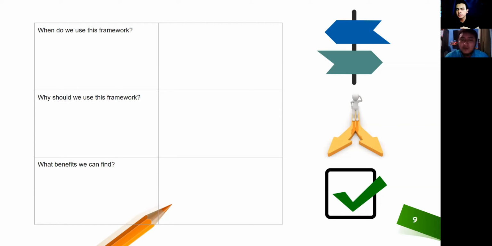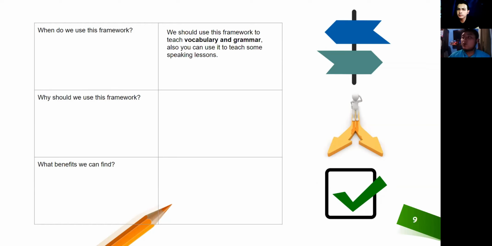Pretty much we use this framework, as you say, to reinforce some knowledge, but also we want to use it to teach something specifically during the classes, right? Which is vocabulary and grammar. We want to reinforce some vocabulary, or to make them face something new about the vocabulary or grammar lessons.